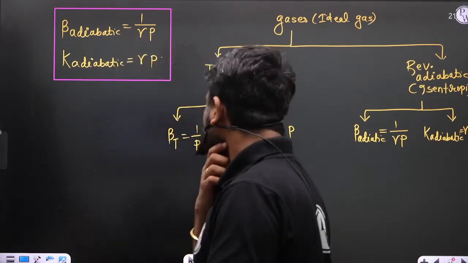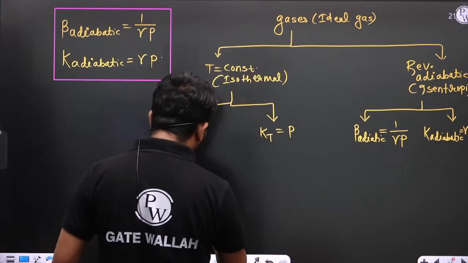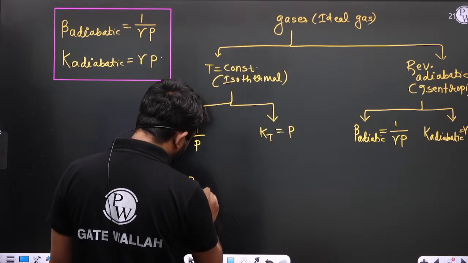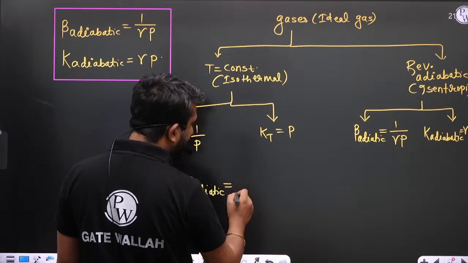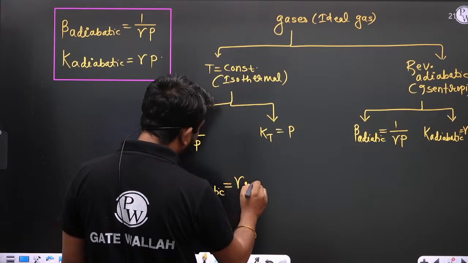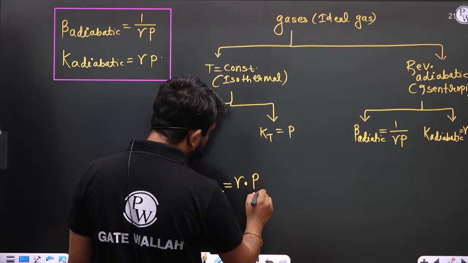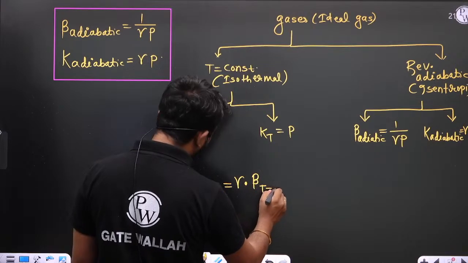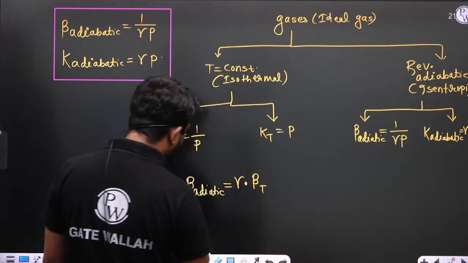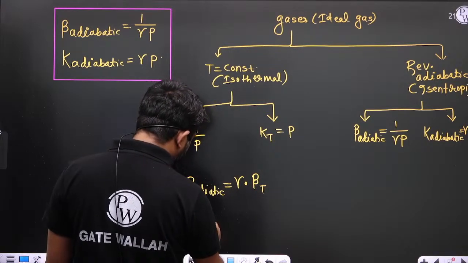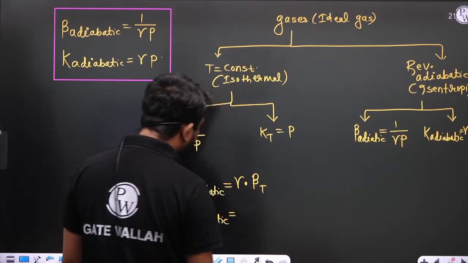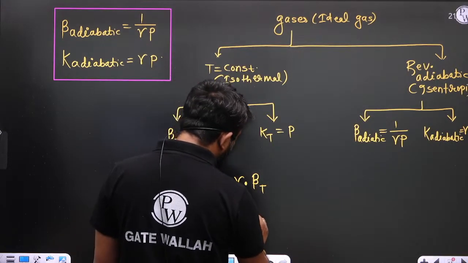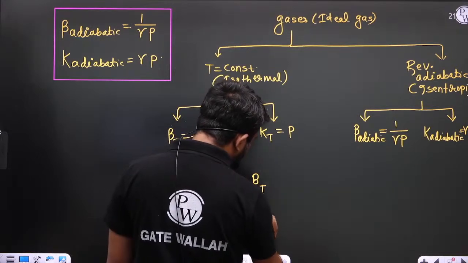Also we can find the relation: adiabatic compressibility is 1 upon gamma times the isothermal compressibility, and similarly, adiabatic bulk modulus is gamma times the isothermal bulk modulus.